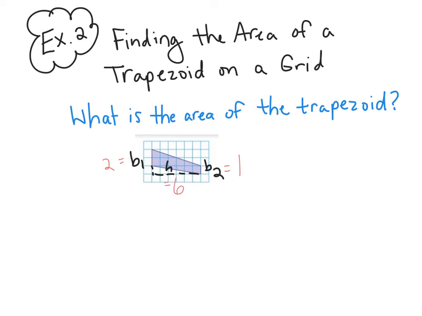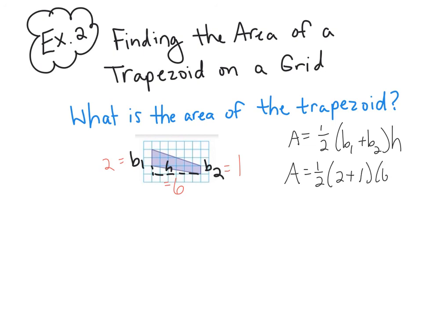And then I would go ahead and use my formula, which would be 1/2 times base 1 plus base 2 times the height. I would fill in with my 2 bases. It doesn't really matter again which is which or what order you put them in, as long as you've got the 2 bases there and the height on the outside. And then I would add my bases together, keep that height multiplied.